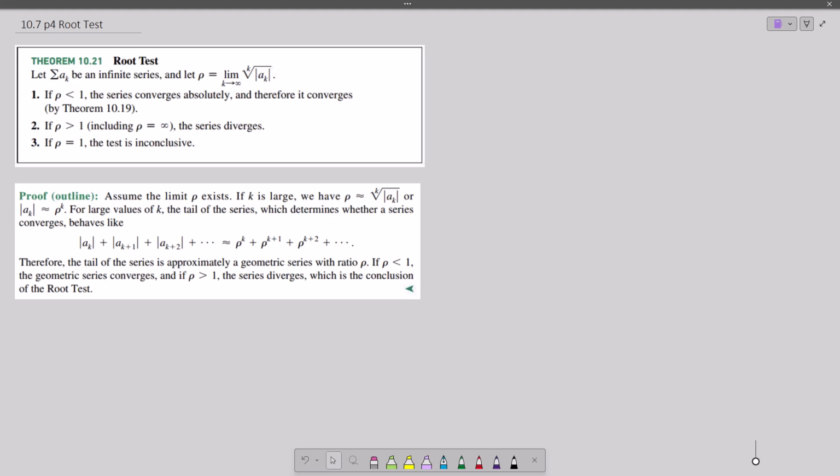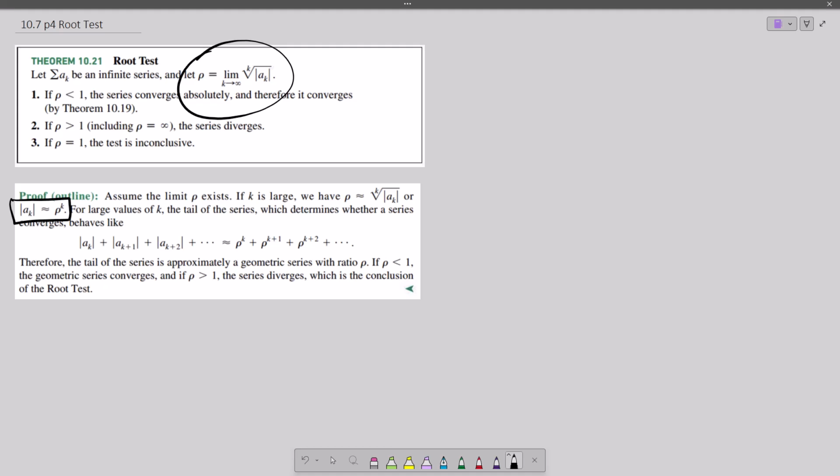But the conclusion is identical. If rho is less than 1, converge. If rho is greater than 1, diverge. If rho is equal to 1, try again. Inconclusive. Why does this root test work? Same idea. If this limit is true, you can raise both sides to the k power, and that just tells you that when you're far out in the series, your a sub k is acting like rho to the k.